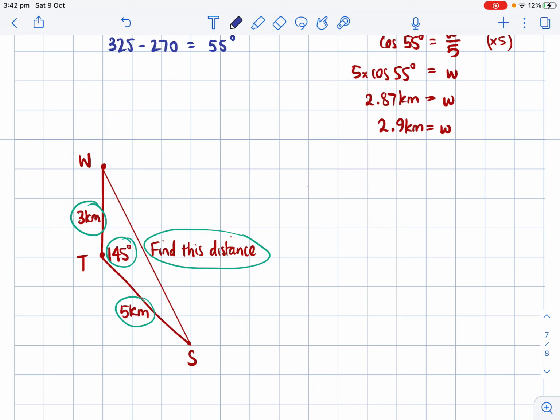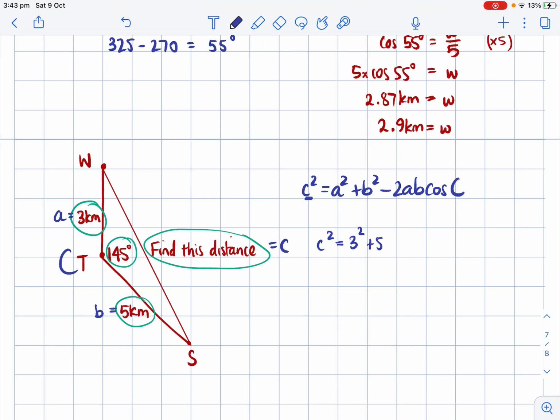Okay, so cosine rule. How do I use the cosine rule? Well, let's write down the cosine rule. C squared equals a squared plus b squared minus 2ab cos C. We want to find out c, or this distance here, and this is where c is by itself, so let's call that capital C. Doesn't matter which way you put A and B, the fact that I've made that one C is important.